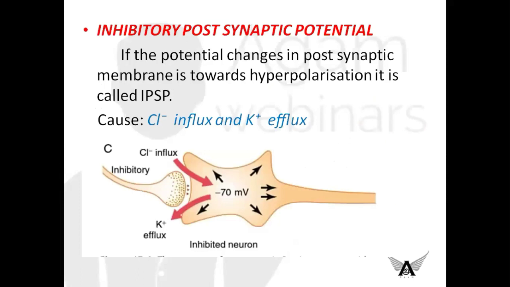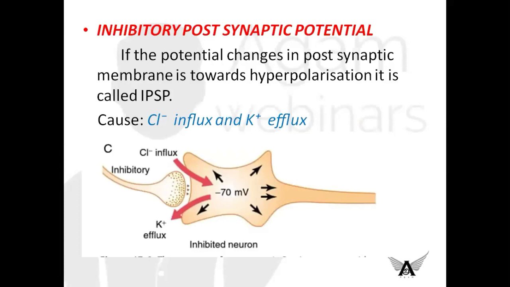Initially, if it was minus 65, whenever there is chloride influx, it becomes minus 70. And also there is opening of potassium channels. Potassium, as we know, is an intracellular cation. Whenever potassium channels are opened, there is efflux of potassium. As positive charges are lost, it becomes more negative. That is, the potential is moving towards hyperpolarization, and such synaptic potentials are called inhibitory postsynaptic potential.